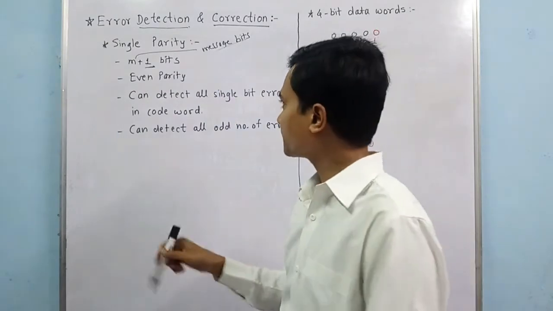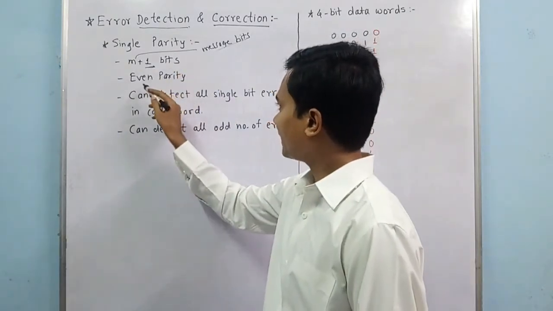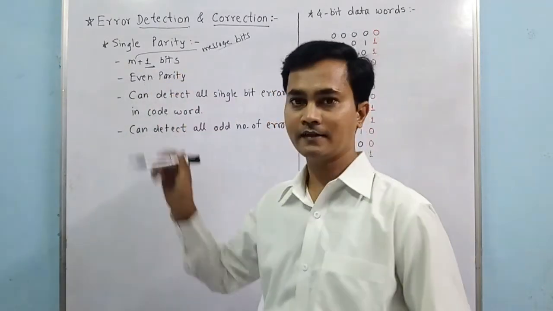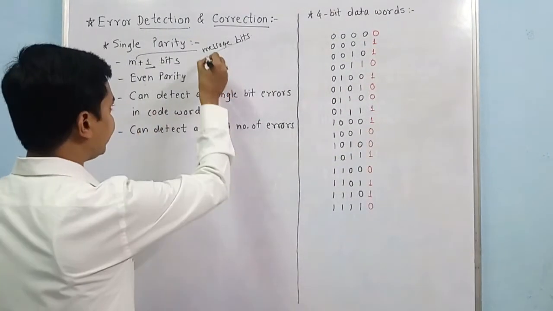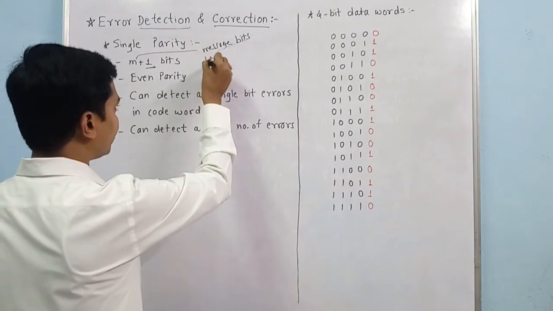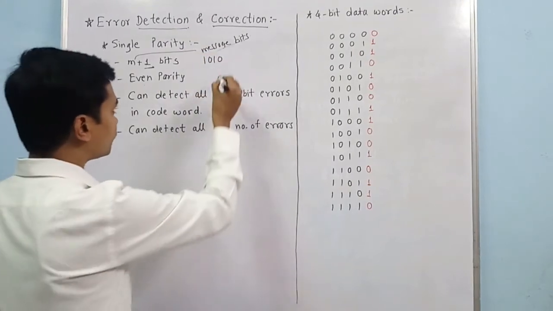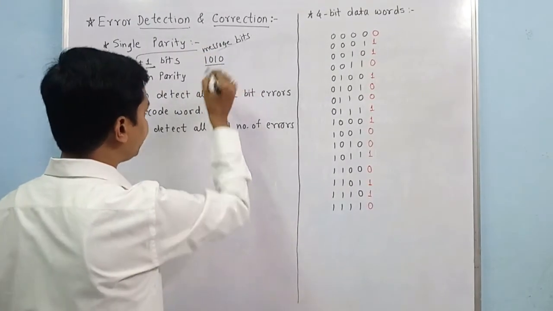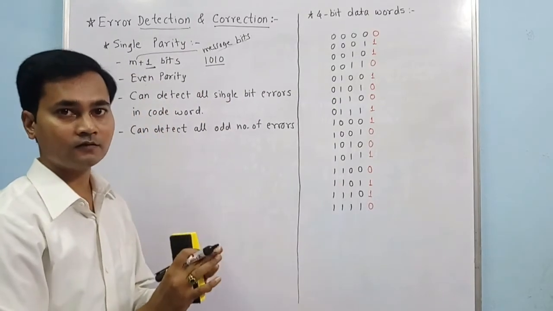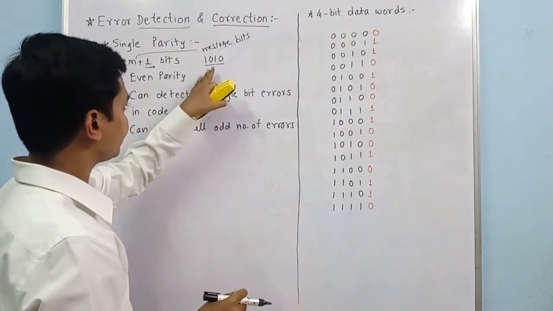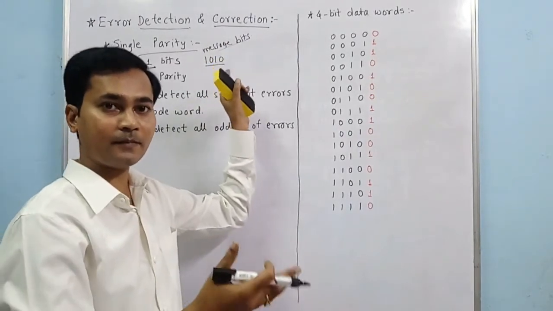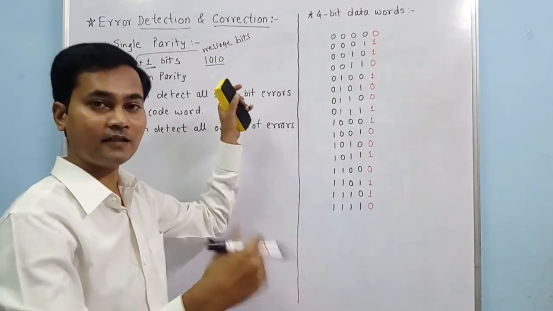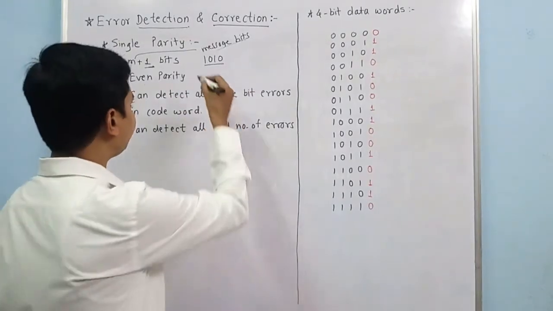The next point is even parity. What is even parity? Suppose the transmitter is sending the data 1010. The transmitter is going to send 4-bit data, but it does not send only the data bits. It sends the data bits along with the redundancy bit, and that is even parity.